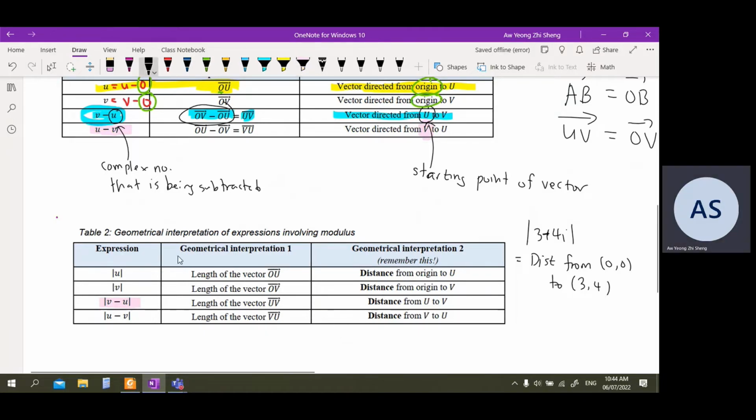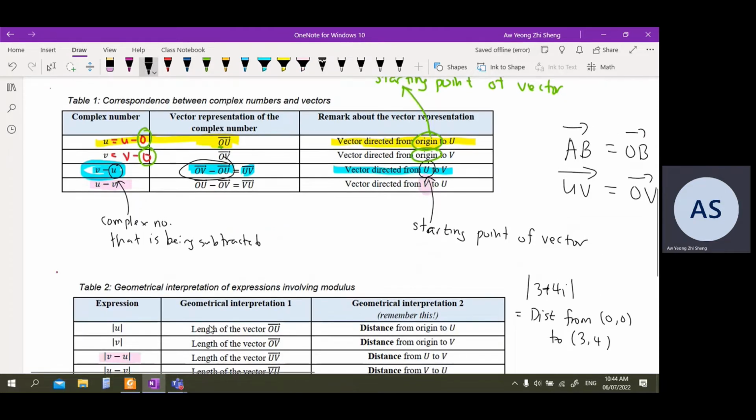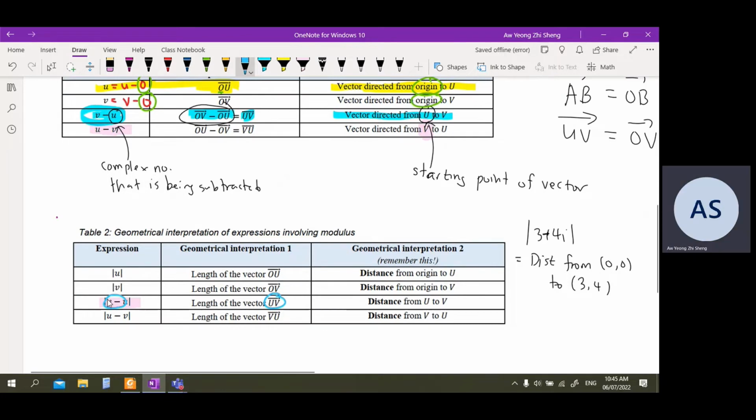So modulus of v minus u, earlier in table number 1, we have learned that v minus u has the vector representation of uv. So since we know the vector representation of v minus u is a single vector uv, when we take modulus of v minus u, it is just the length of the vector uv.